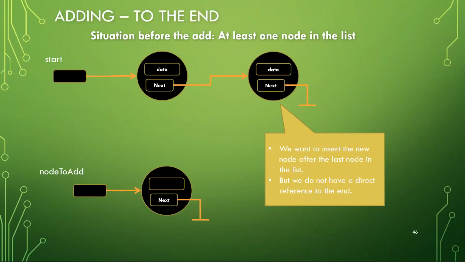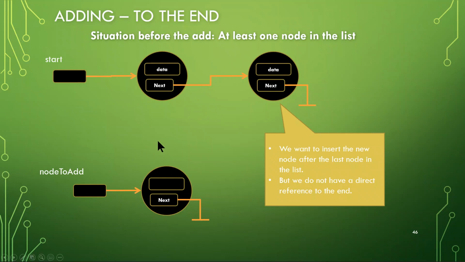But what we do have is we know the last node in the list, its next reference will be set to null. So if we start at the start and this start isn't null, we can go through node by node and say, okay, is this reference null? No. Okay, well then follow the link and go to the next one. Is this reference null? Yes. Okay, hey, look, we're at the end, the last node, and so once we're here, we can then start updating this.